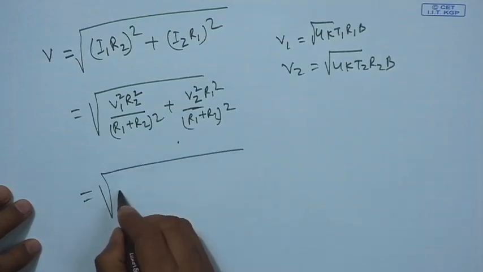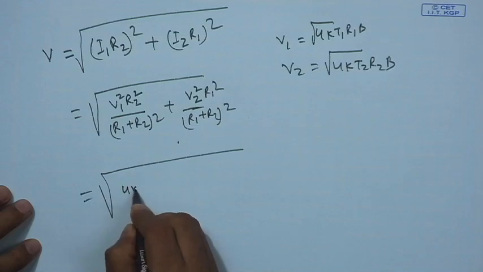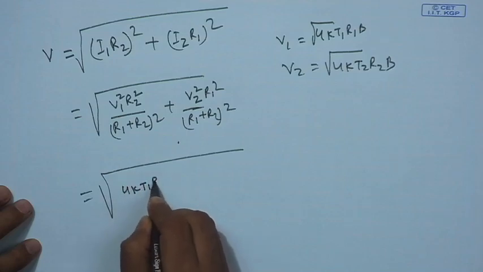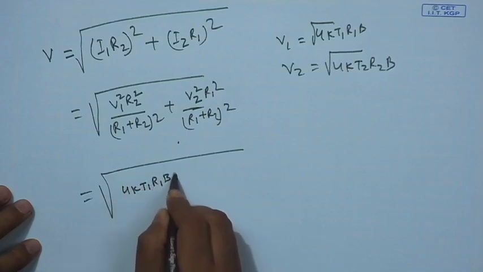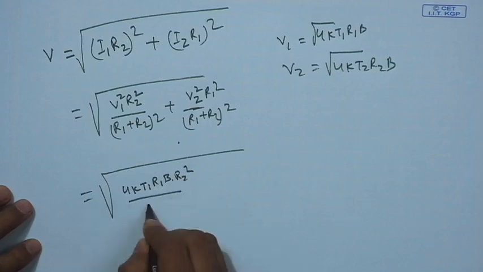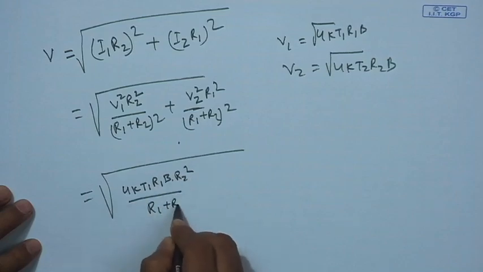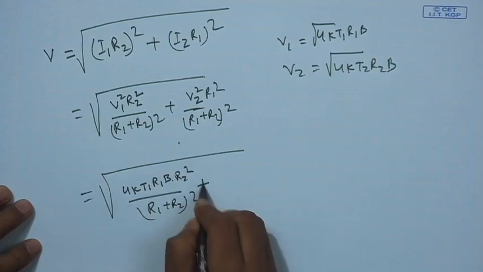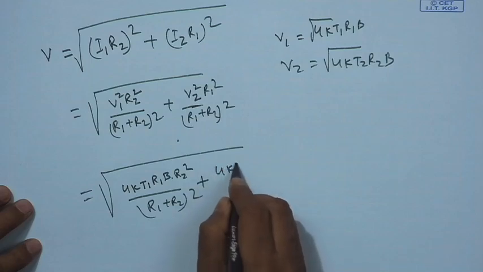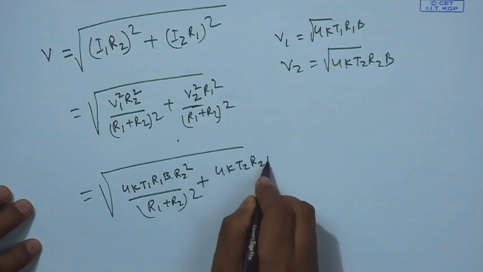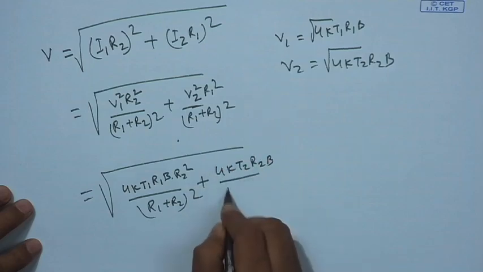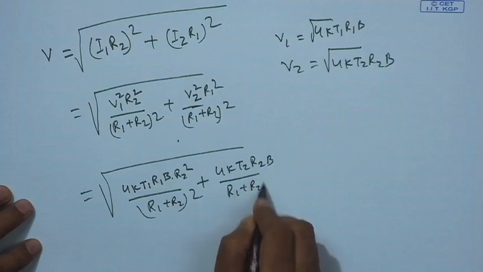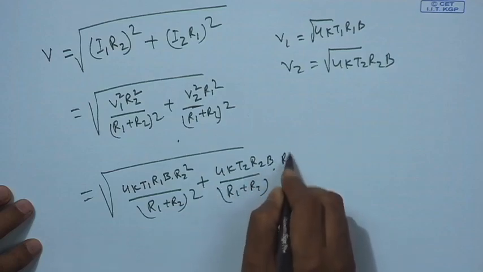Root over of 4k T1 R1 B into R2 square divided by R1 plus R2 whole square, plus 4k T2 R2 B divided by R1 plus R2 whole square into R1 square.